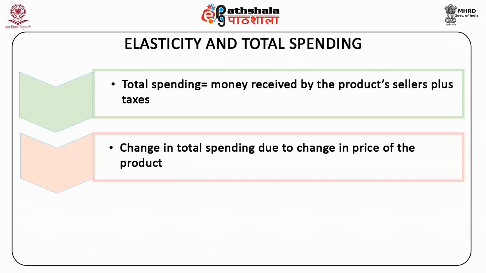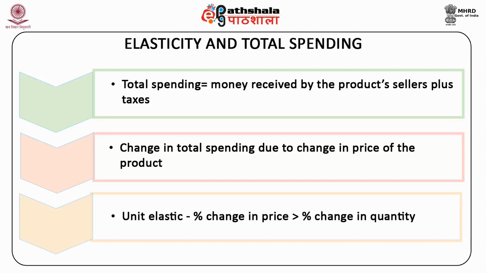If the elasticity is less than unit elastic, then the percentage change in the price will exceed the percentage change in the quantity. And this price change is so influential that it will change the total spending of the buyers in the same direction as the price changes.